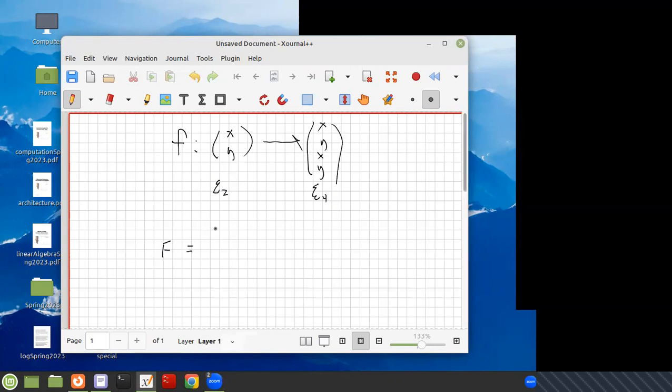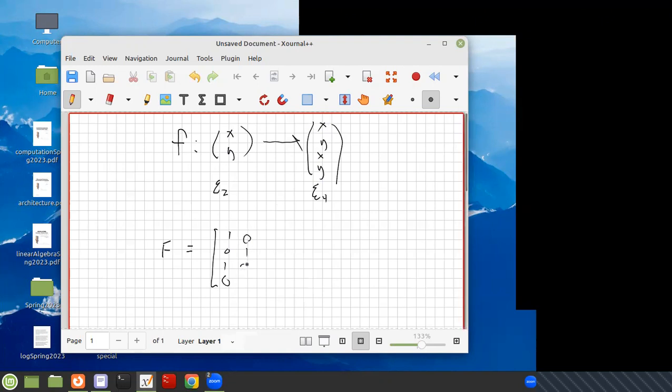The columns will be the images of the basis vectors under the function. You take 1, 0, and you'll see that F is going to be 1, 0, 1, 0, right? Because the image of the first standard basis vector 1, 0 is just 1, 0, 1, 0, and the other one is going to be 0, 1, 0, 1.